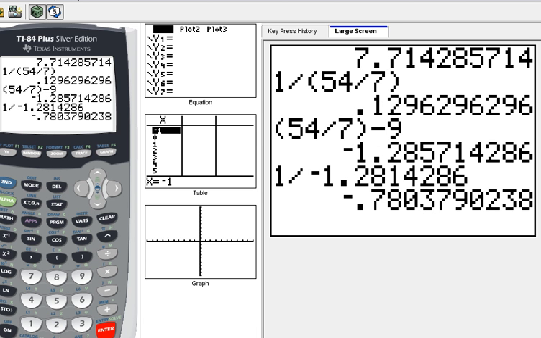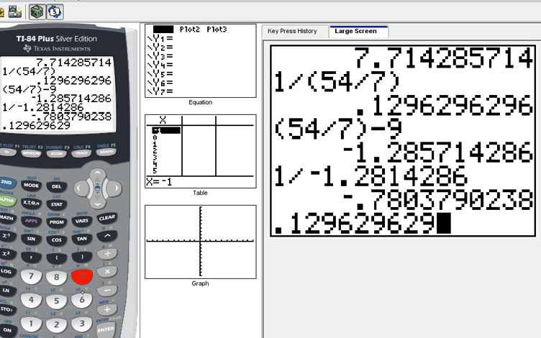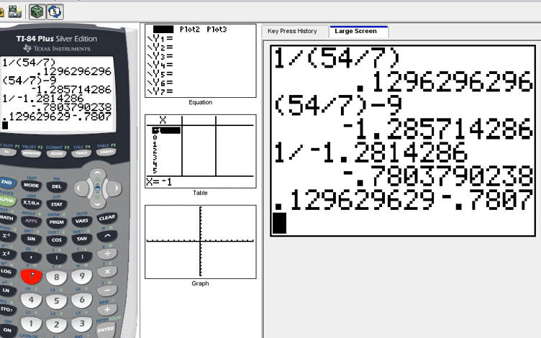So I have negative 0.780. My 1 divided by 54/7 is 0.1296. I'm going to add that to my other number. You would use your grab function, so you'll get a better answer than me. 0.1296296, and then I'm going to add negative 0.7803790.